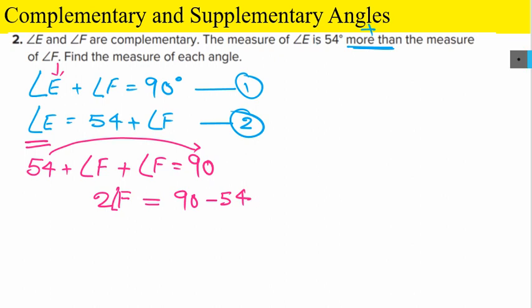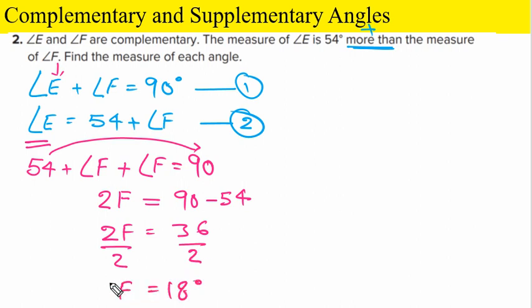For convenience, I'm just removing this angle sign so you can see it clearly. It means this is angle F, okay? So now 2F is equal to 90 minus 54, that is giving you 36. Divide by 2, F will be equal to 18 degrees.